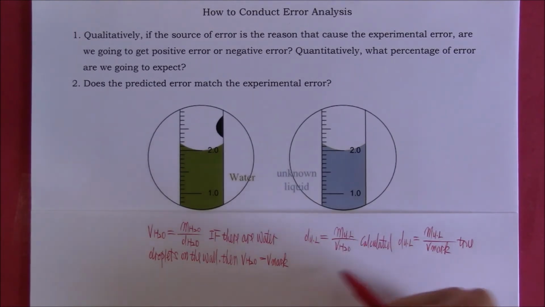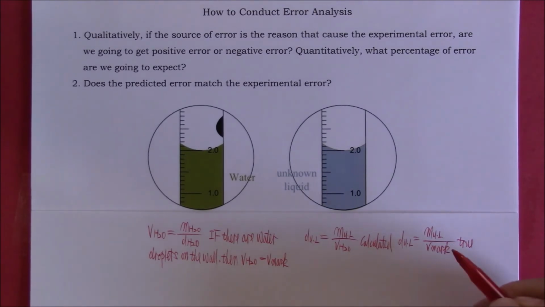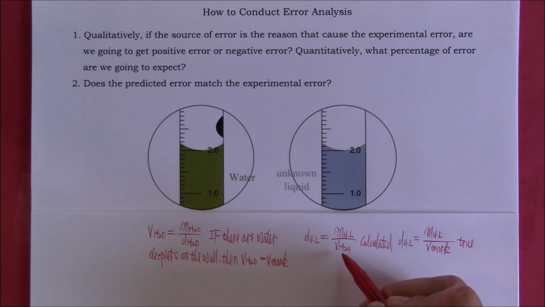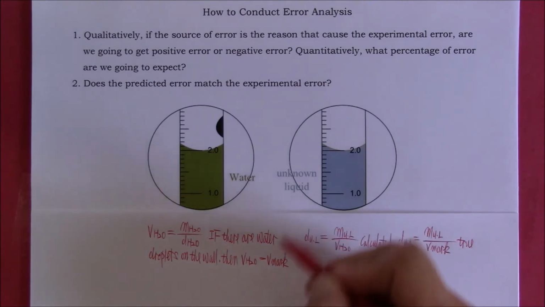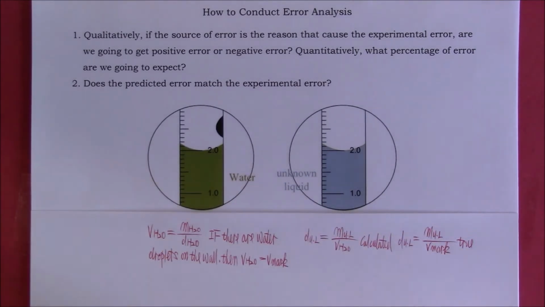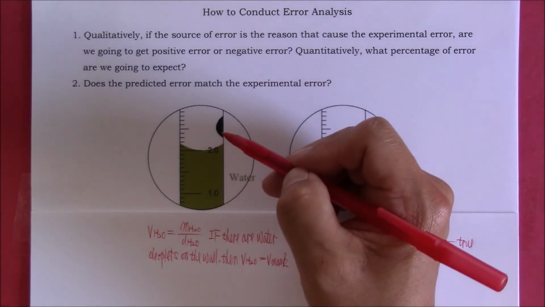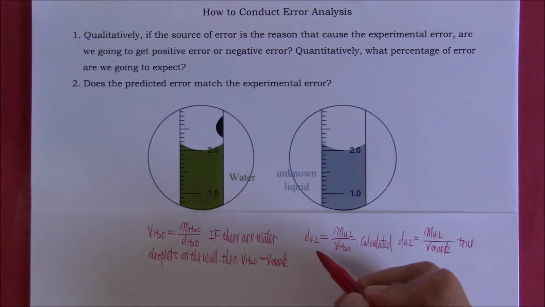Since the volume of water from the calibration is larger than the volume at the mark, the same number divided by a larger number will make this number smaller than this number. Therefore, if we have water droplets on the wall when we conduct calibration of the graduated cylinder, the density we calculated will be smaller than the true density of the unknown liquid.